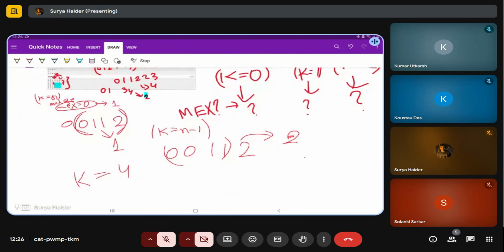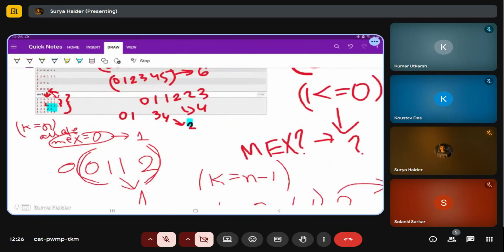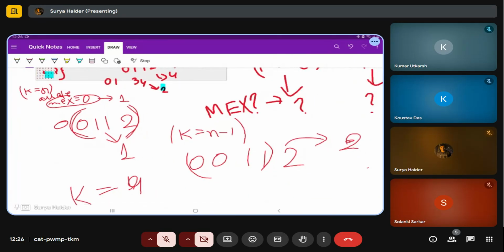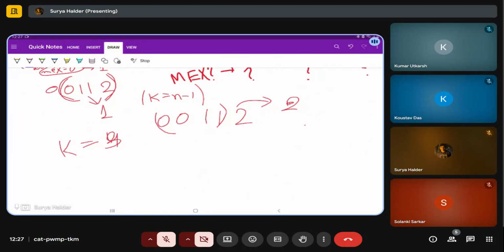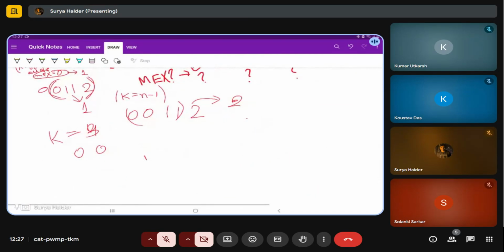Okay, k is equal to 4. I am having 0, 1, 2. K is equal to 3 because it is starting from 0-based indexing. So now I am having 0, 0, 1, 1, 2, and I have to remove 3 elements.